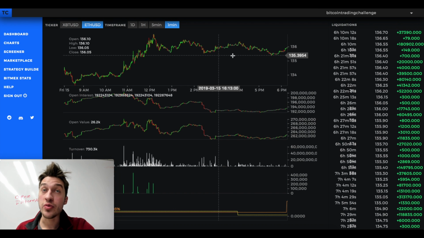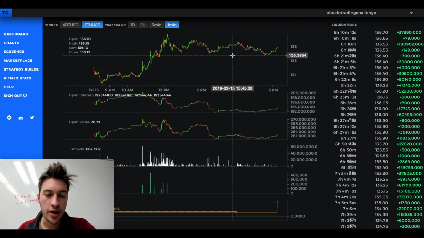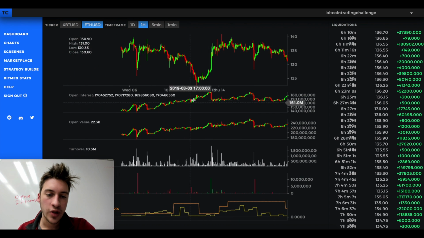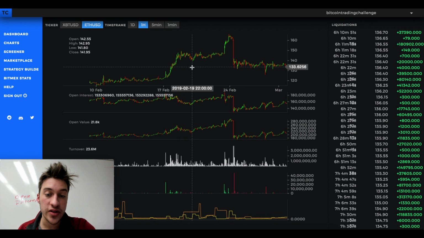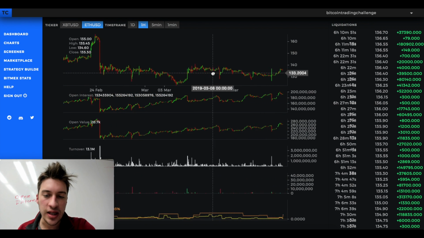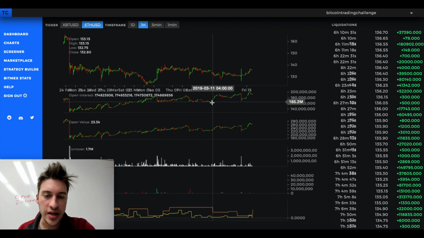3, and this one's a bit more abstract, you see a prolonged period of time where open interest is increasing, where money is flowing into positions, such as here, and here money was flowing from about 164 million on Ethereum up to about 195 million, which is quite the large percent increase from here to here.